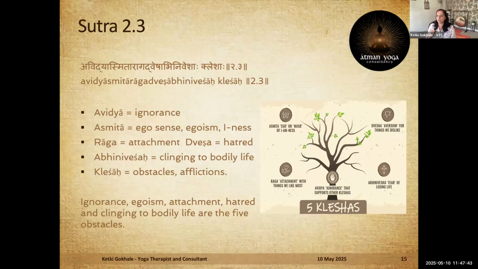Because of this wrong knowledge, it will lead to asmita, raga, dvesha, abhinivesha. If we understand this, contemplate on this, and keep on applying it in our life, success is definite. Because Patanjali has given a very systematic method, and if a sincere student of yoga practices this, definitely he is going to succeed in his sadhana.